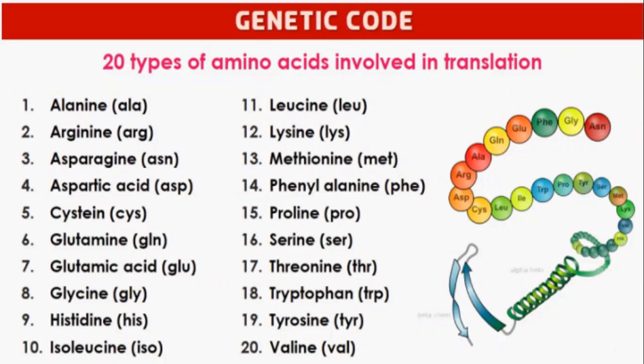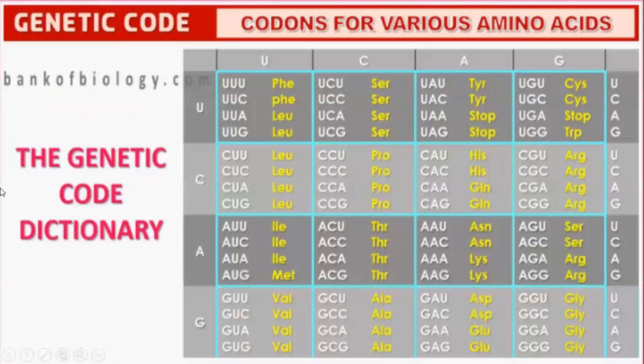All these things we have to learn in biomolecules. That chapter will be covered before NEET 2021. Okay, everyone? So this is the codon table for various amino acids, the 64 codons and amino acids.